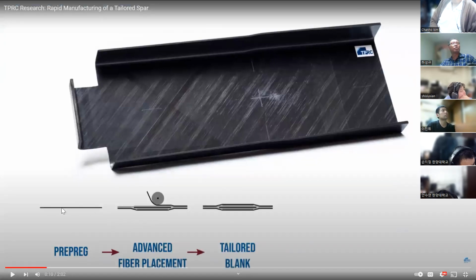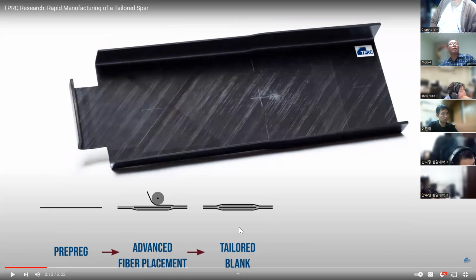The procedure shows the pre-preg. Pre-preg is just the one we showed. So the resin pre-pregnate, which we just showed, and then we layer depending on the layers we like to design.